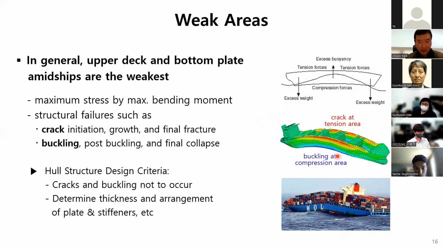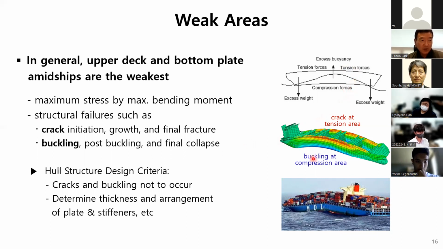Likewise, the mid part of the ship, in other words, upper deck and bottom plate of midship in the middle of the length, are the weakest area in general. At mid part, maximum bending moment is applied, inducing maximum stress.